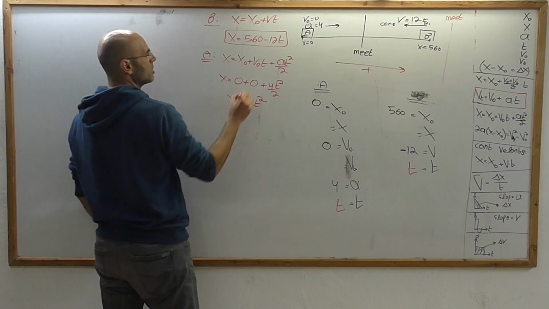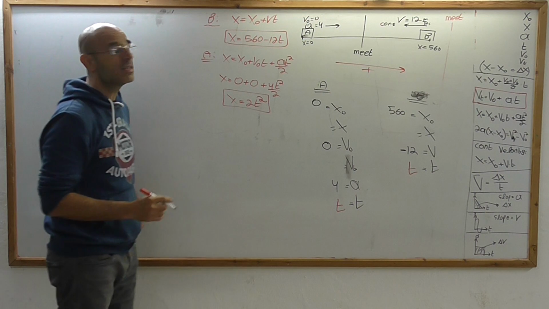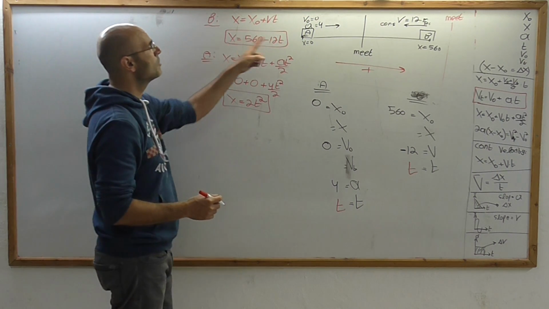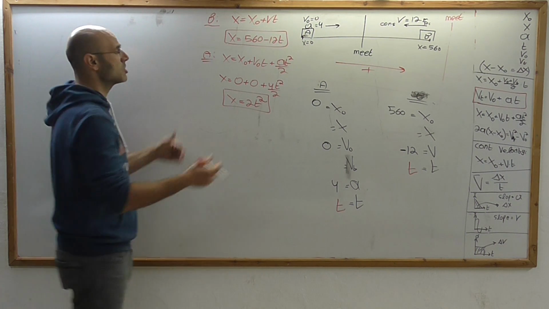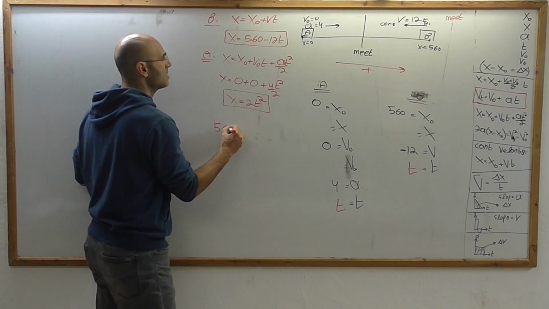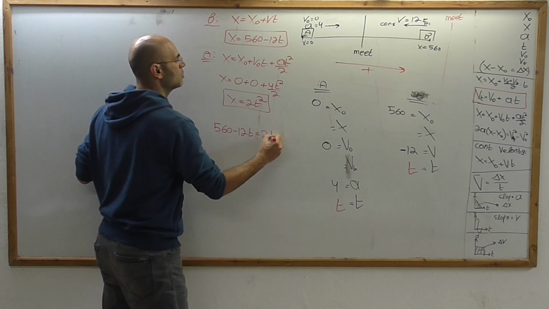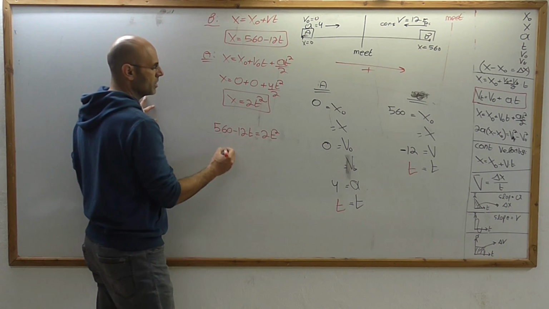So I have an equation for each of them giving position versus time. And when they meet, they will have the same position, so I compare them: 560 minus 12t equals 2t squared.